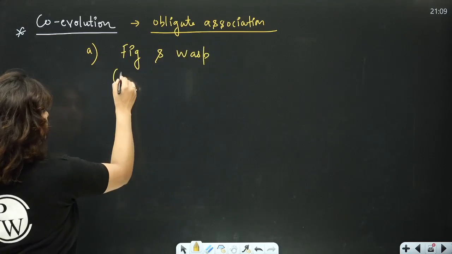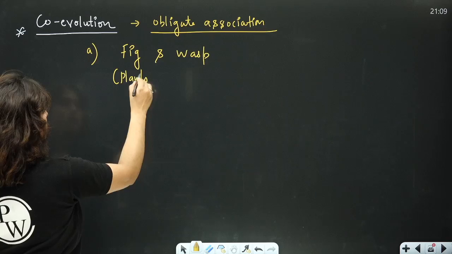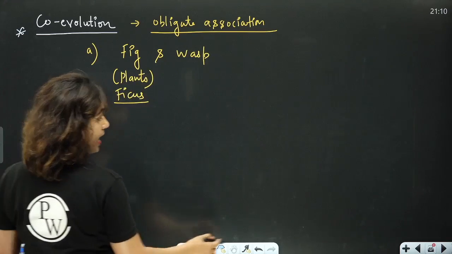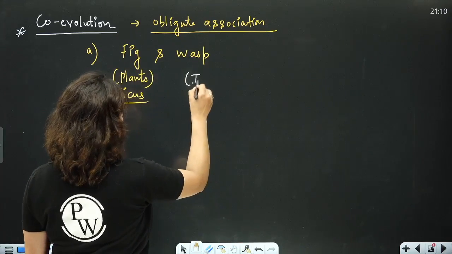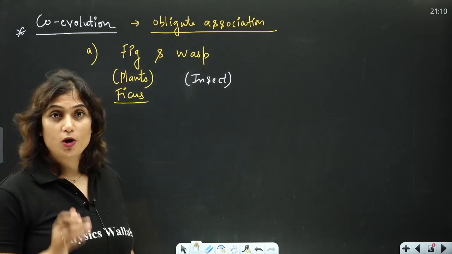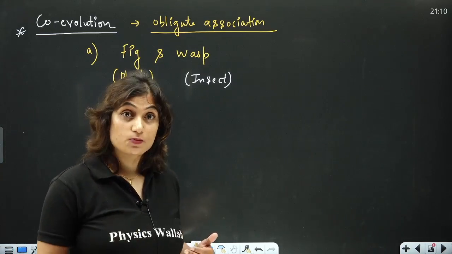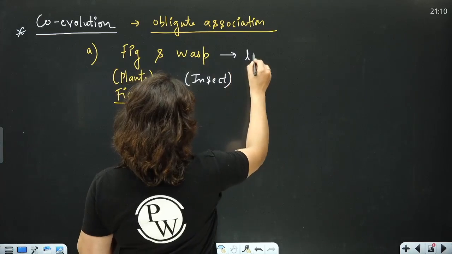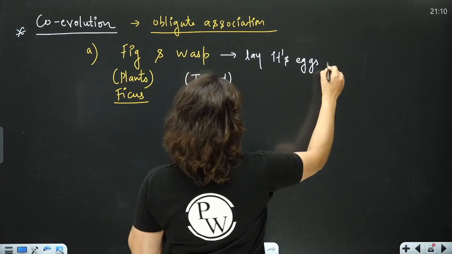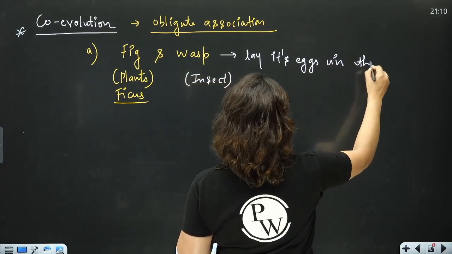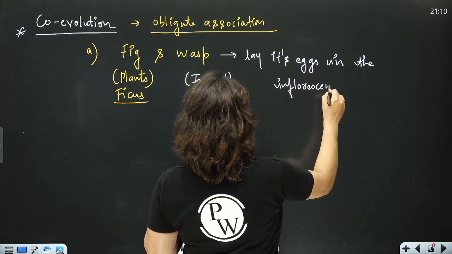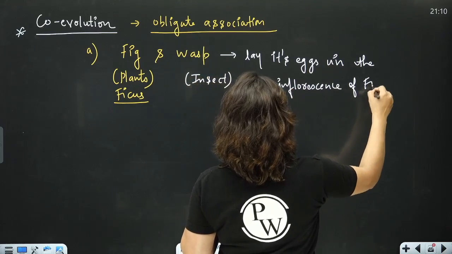Fig is the plant belonging to the genus Ficus, and wasp is the insect. Fig is pollinated only by the wasp, and the wasp lays its eggs inside the inflorescence of fig.